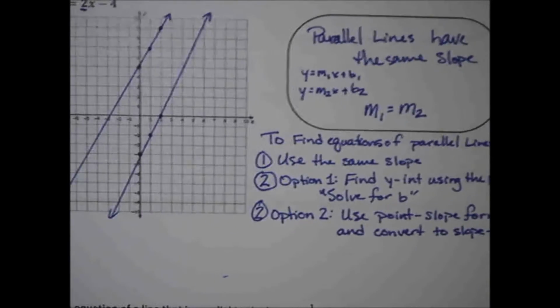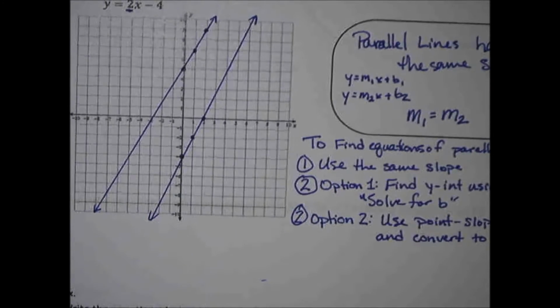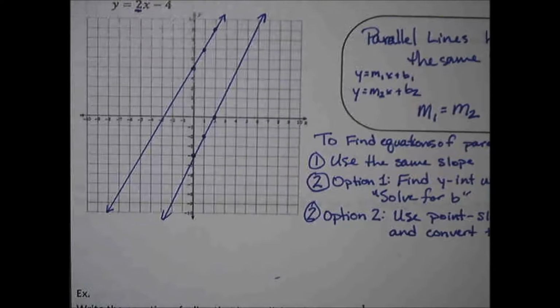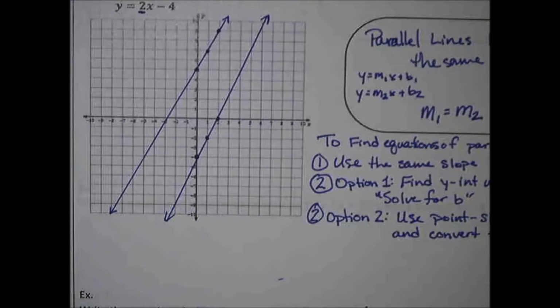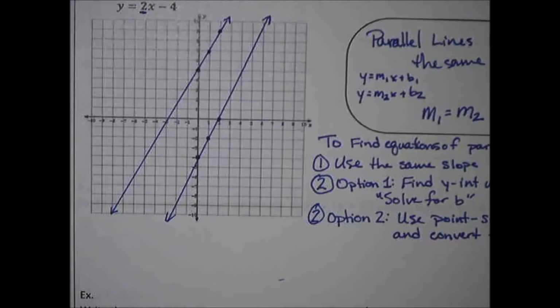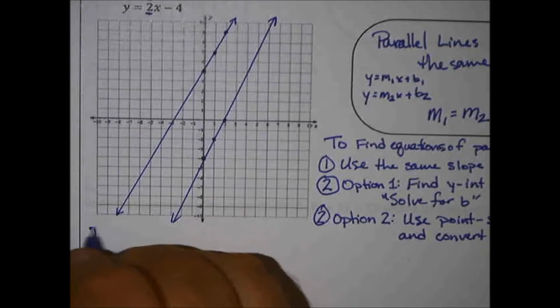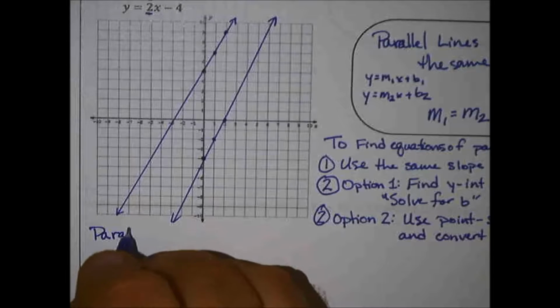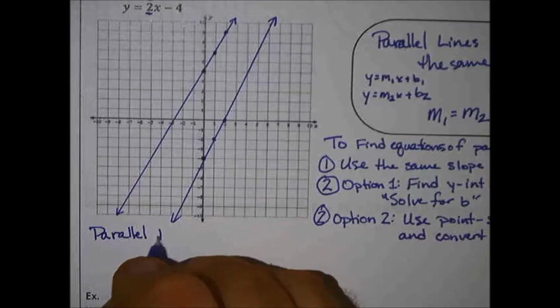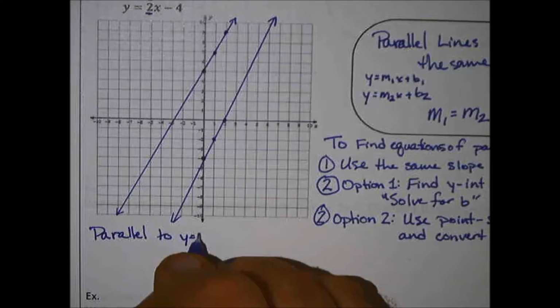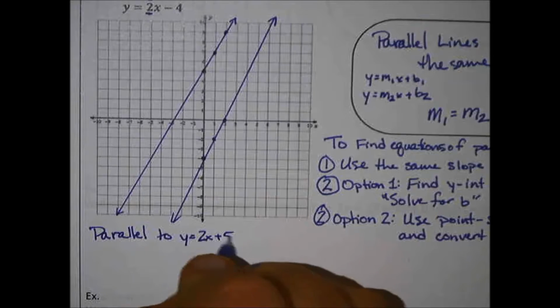But I want to find the equation of a line parallel to these two lines. So find the equation parallel. Let's say that our line will be parallel to, let's just use y equals 2x plus 5.